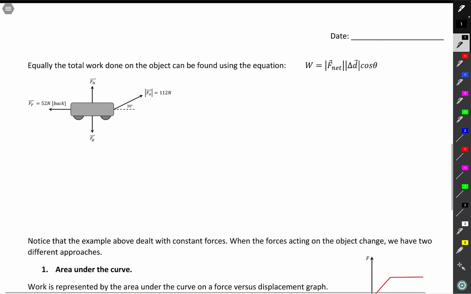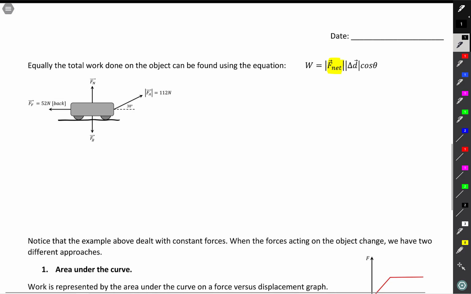Another way of looking at the same situation would be to look at the net force acting on the box or on the cart or whatever object we're dealing with. If we were to look at this system here, we know that there is no acceleration up or down. There is no net movement in the vertical direction because this cart is just simply traveling across a horizontal floor, which means that the net force that we're dealing with is only in the horizontal direction.